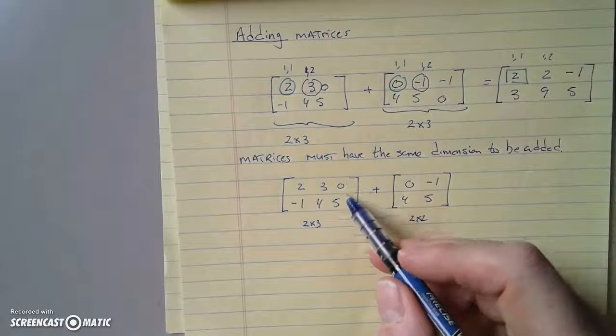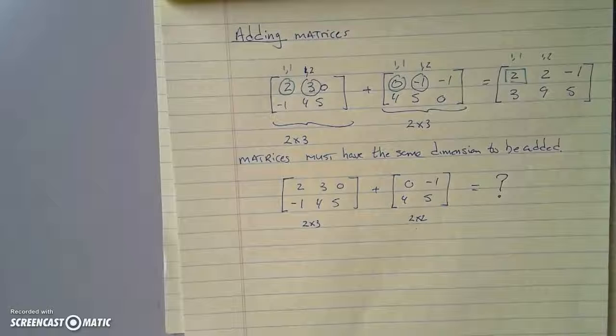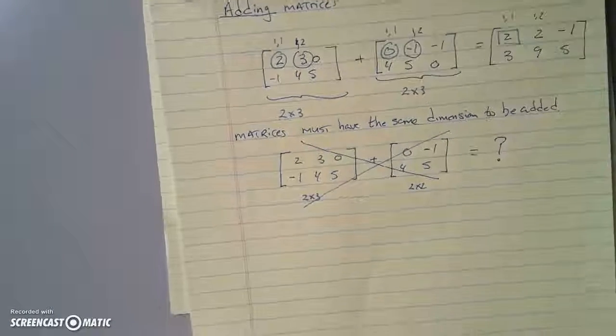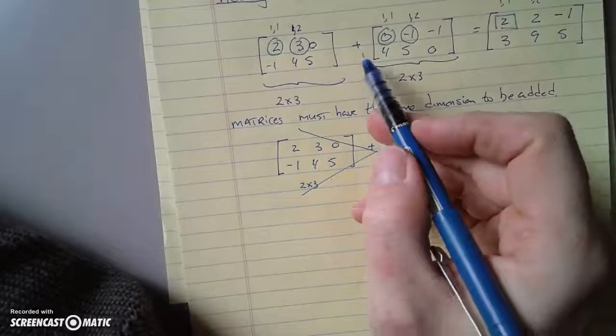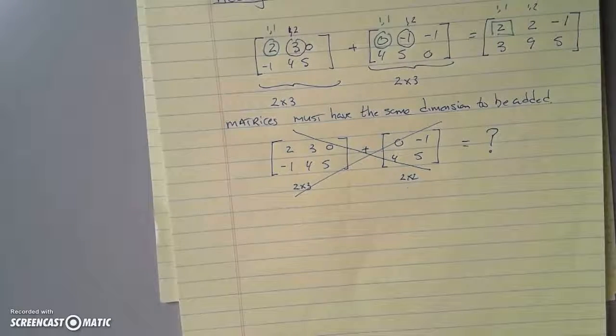What would you add to the 0 and the 5? It doesn't make any sense. So this can't be done. Subtraction works the same way. You just subtract instead of adding.